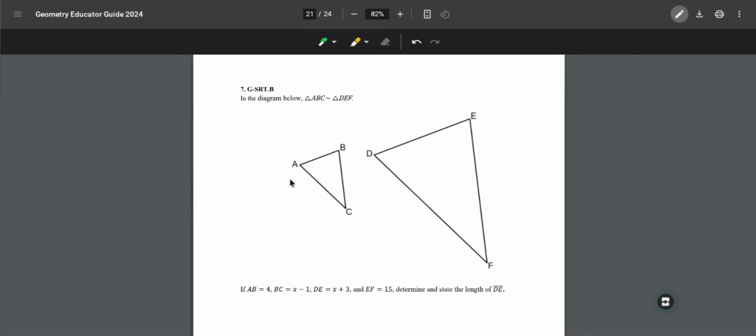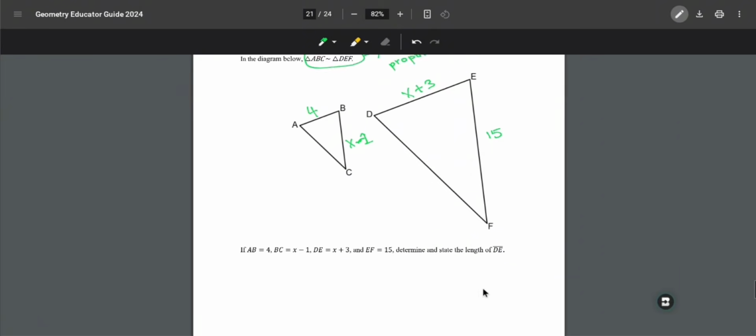It tells me that AB is 4, BC is x minus 1, DE is x plus 3, and EF is 15. And I'm told that my triangles are similar. And if the triangles are similar, I know that my corresponding sides are proportional. They want me to determine and state the length of DE.